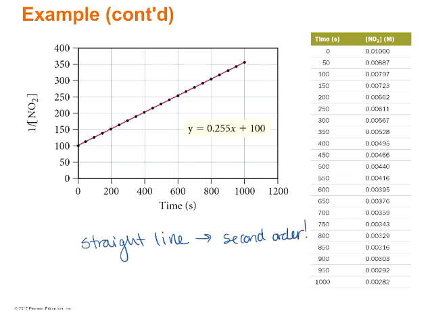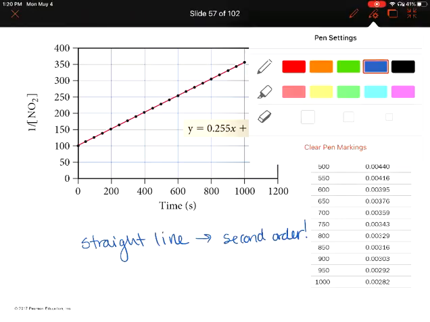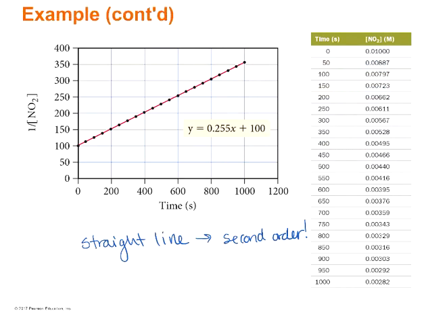All right. Now the other thing we needed to do here was determine the rate constant. So remember, for a second order reaction, the slope, which is m, is equal to k, and in this case, that's equal to 0.255. Now, what about the units for this rate constant?